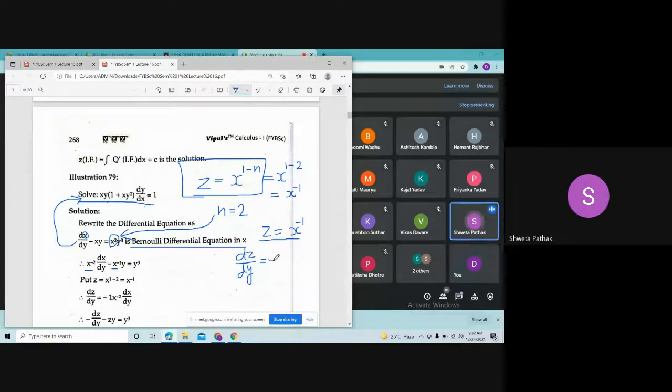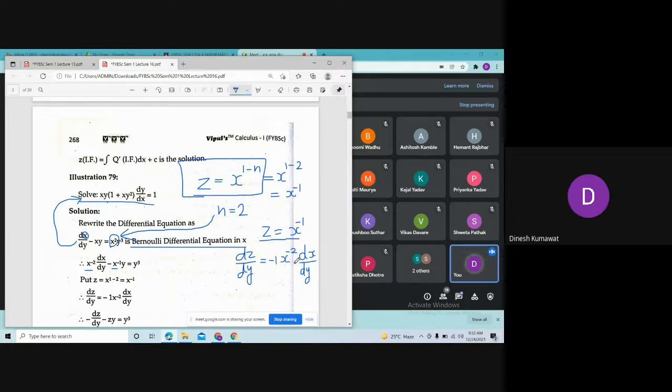Minus 1 upon x square, minus 1 into x to the power minus 2. But you can see this x is a function of y and we are differentiating this with respect to y. So we need to add this term also, that is dx by dy, because this is implicit differentiation, is it? Yes, sir.